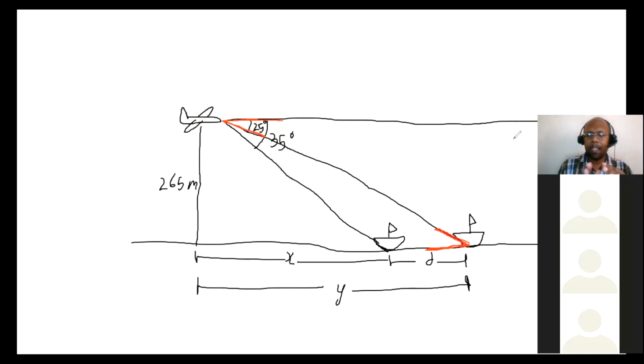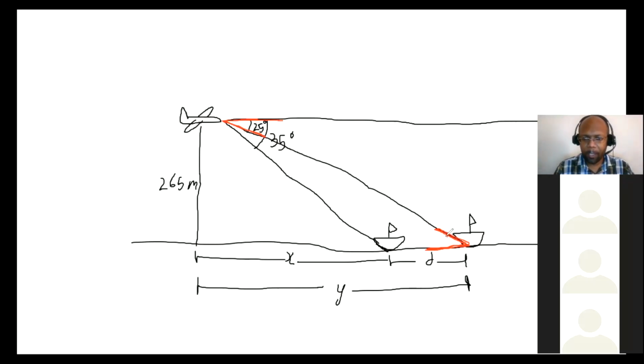Parallel lines are lines that never meet. They don't converge. They don't intersect at some point. They just keep going side by side continuously. Okay. So once you cut these parallel lines with a transversal line, like a diagonal line, you can form alternate angles. So I know what this angle is.